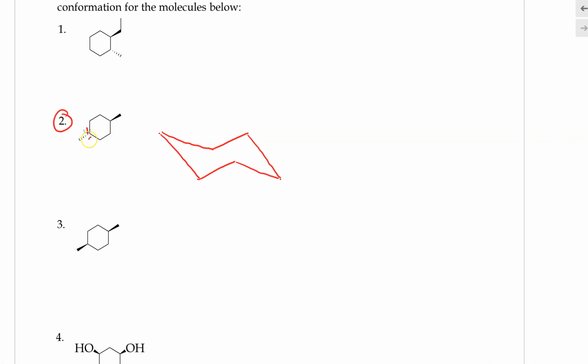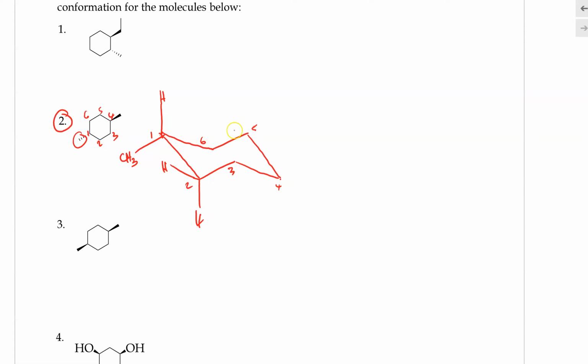And we can label this 1, 2, 3, 4, 5, and 6. On carbon 1, we have a CH3 group pointing down. So the down position on this carbon in this chair will be the equatorial location. Okay, and that means the hydrogen will be pointed up. And on carbon number 2, this hydrogen, so let's put them in.